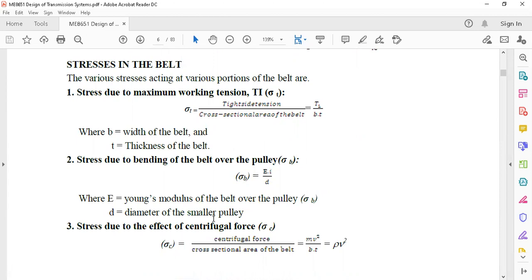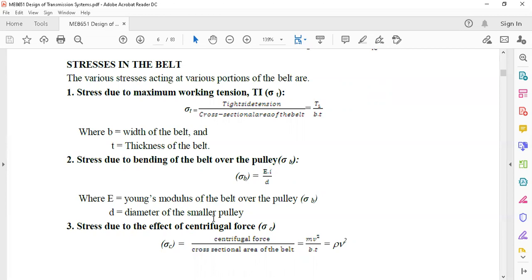Generally they give data such as the tension of the belt and the cross sectional area of the belt, and then just ask what the maximum working stress induced on the belt is, and what the stress induced by bending over a pulley is. They can ask it as one mark, objective or MCQ type questions.